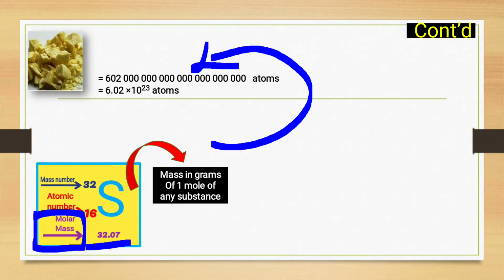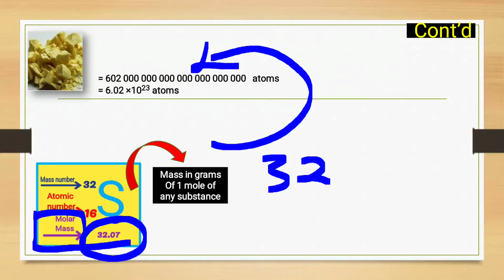So if I got you to the laboratory and told you, get me 602 sextillion atoms of sulfur, you cannot count 1, 2, and so on, because if you decide to count up to 602 sextillion, it will take you more than billions of years. Because from the periodic table you know that the molar mass of sulfur is 32.07, you just get a weighing balance and measure 32.07 grams.